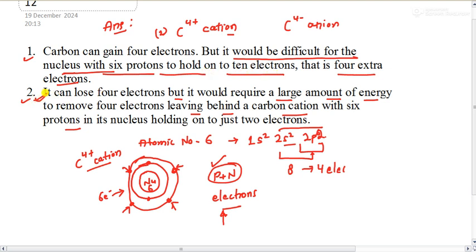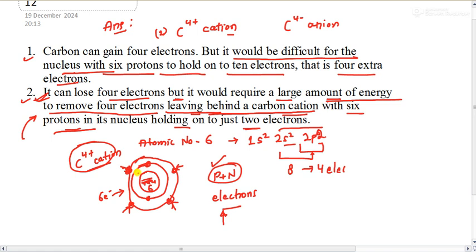It can lose 4 electrons, but it would require a very large amount of energy to remove these 4 outer electrons. After removing, it will be leaving behind a carbon cation with 6 protons inside the nucleus holding on to just 2 electrons. Got it? Because of this, it is not possible to remove them.